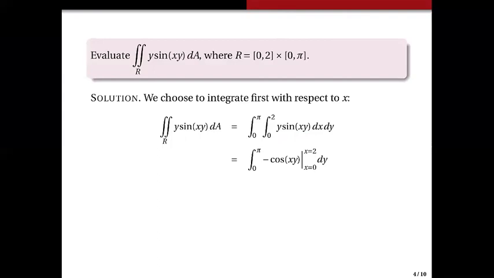After integrating this with respect to x, you will get negative cosine xy, evaluated from x equals 0 until x equals 2. Questions at this point? So everyone got this: y sine xy, you integrate that with respect to x, that will be negative cosine xy.